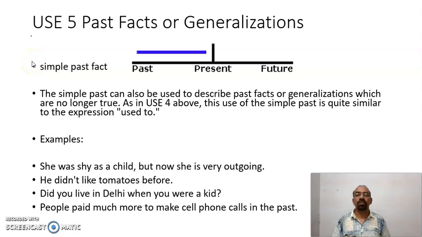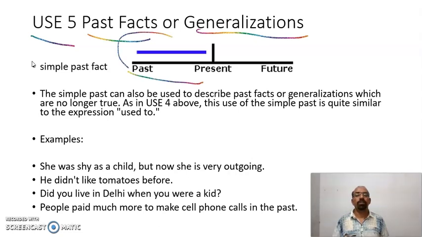Now let us check use 5. Some past facts or generalizations of things. This is the timeline, past happenings. Look, the simple past can also be used to describe past facts or generalizations which are no longer true.